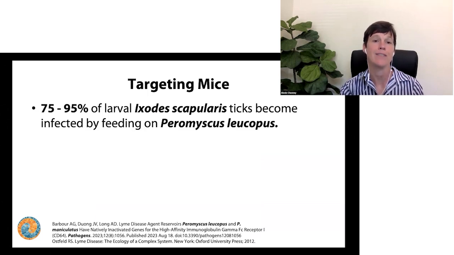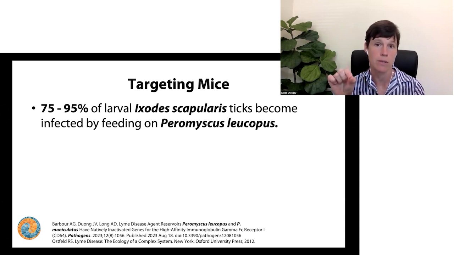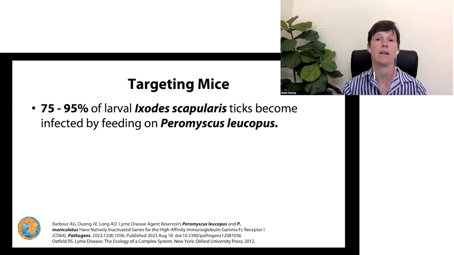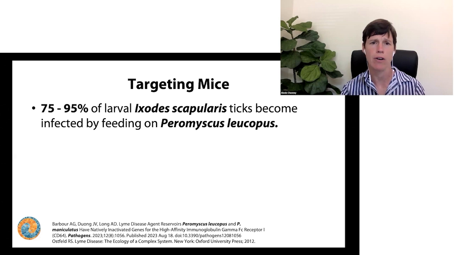So 75 to 95% of the larvae, that first stage, that little itty-bitty Ixodes scapularis black-legged tick, becomes infected because it fed on this mouse, right? So when ticks are born, well, there's Borrelia miyamotoi that can actually be transmitted, which is pretty rare.